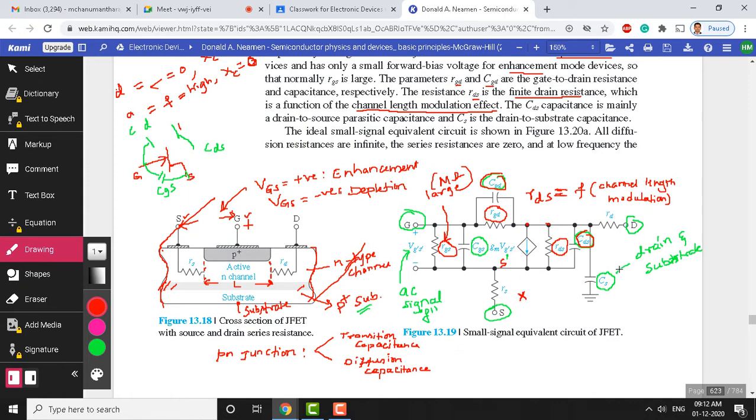Likewise, there are many capacitances. In my opinion, I can say that CGD, let me highlight that, CGD and CGS, these are the dominant capacitances. Just find out the reason why I have called these capacitances dominant. How these capacitances affect the frequency, we will see in a couple of minutes.